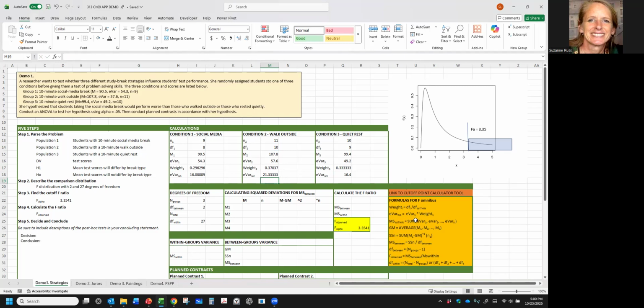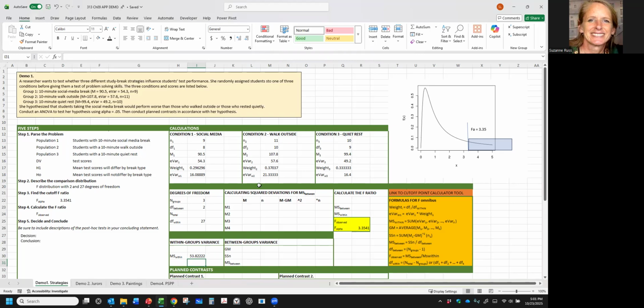We can see MS within is the sum of all the variances across conditions. And let's go ahead and get those. Sum of all those EVAR weighted, and we get 53.822. Okay, let's continue on then.